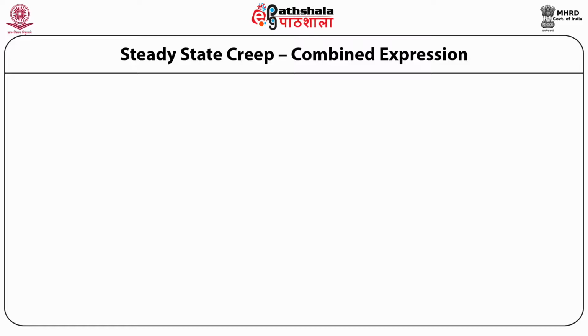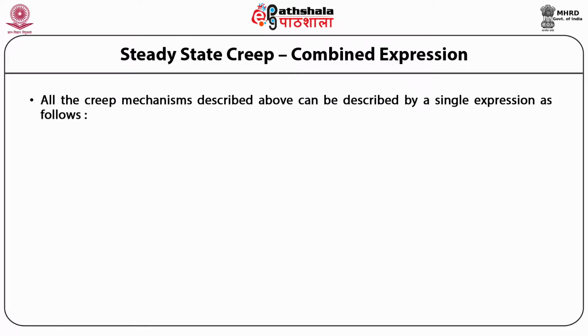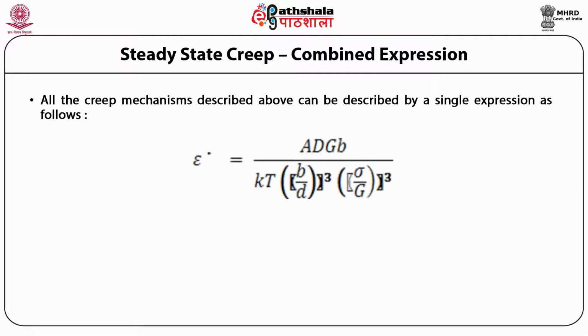So steady state creep: by combining the expressions, all the creep mechanisms described above can be described by a single expression as follows, that is epsilon prime is equal to A D G b divided by k T, multiplied by (b/d)^m, multiplied by (sigma/G)^n.